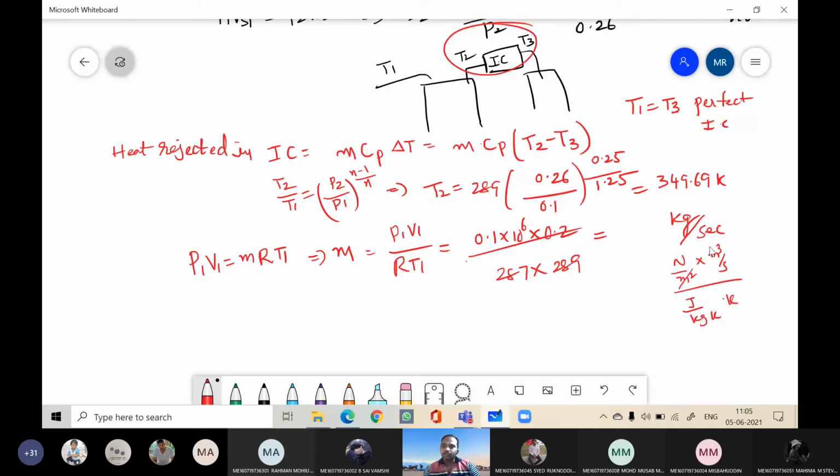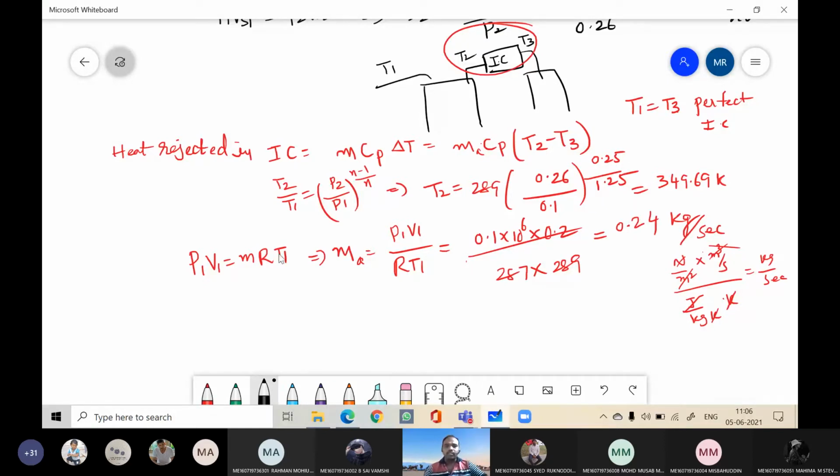Newton meter is joule, so we'll get kg per second. So we'll get mass of air from this. So 0.24, right? Yes, sir.